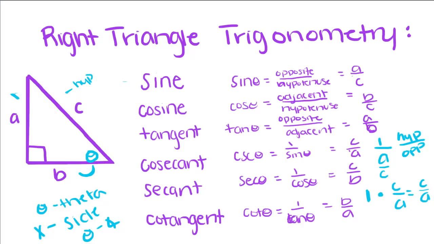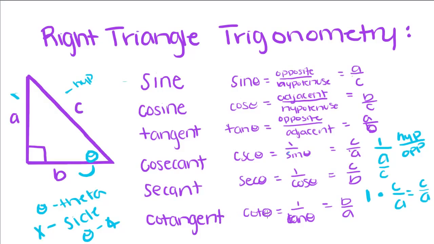Secant is the same thing, it's just 1 over cosine instead of 1 over sine, but the same rule applies. So that's why this ends up being the opposite of cosine, because this is cosine's inverse. For secant, that's what I just talked about.